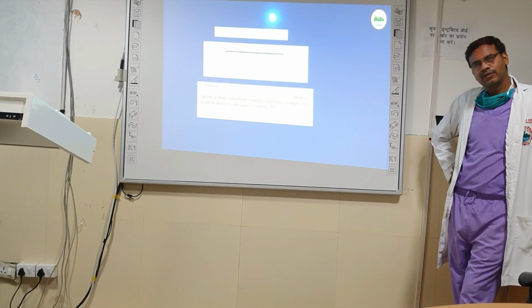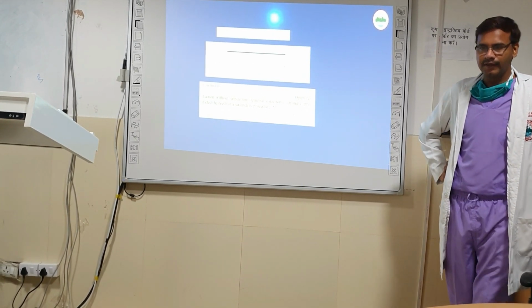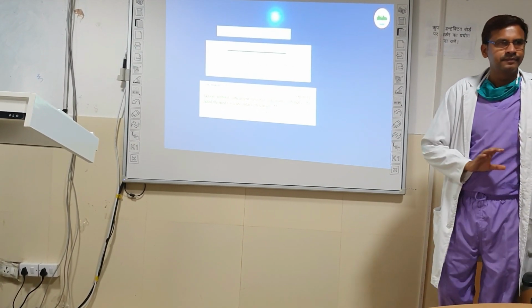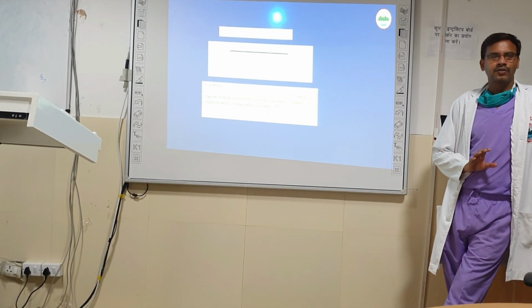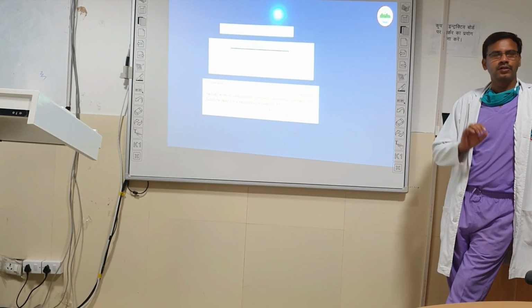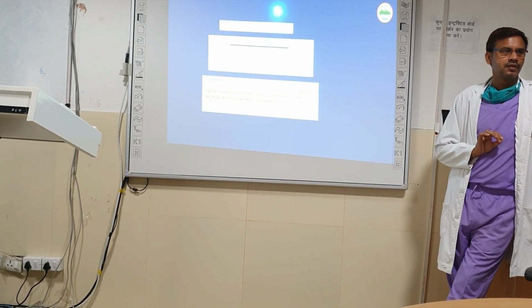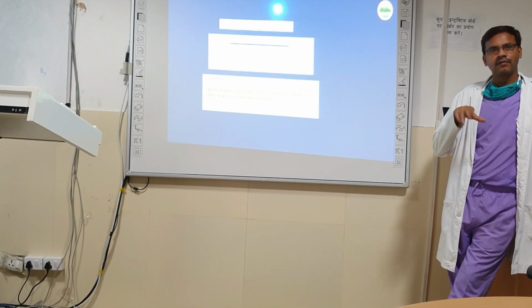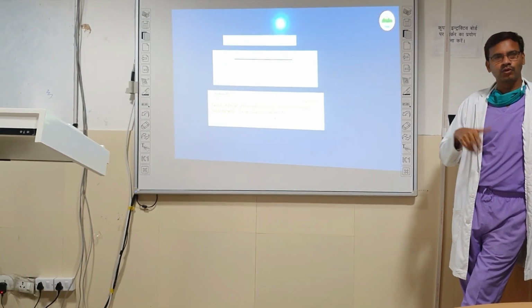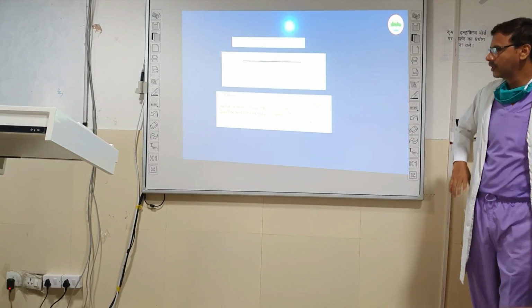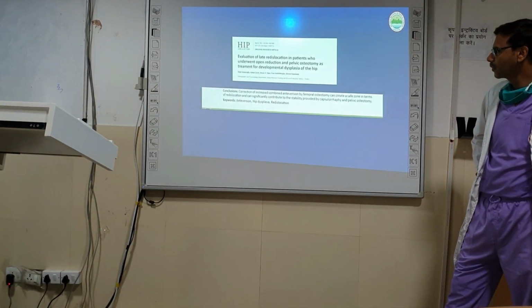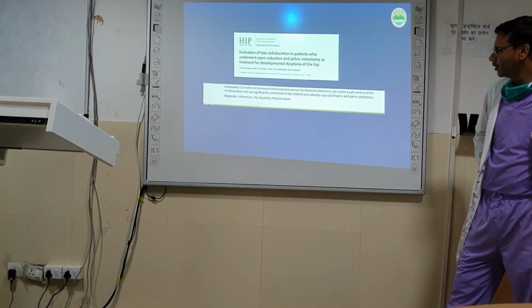So that means these authors propose that even if your reduction is easy and everything is easy, this paper suggests that you should add femoral osteotomy so that the chances of further surgery can be reduced, because the more the number of surgeries, the worse the outcome. Next. Same in this paper also.